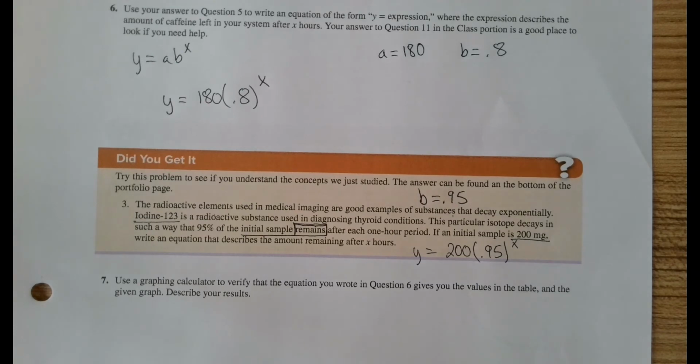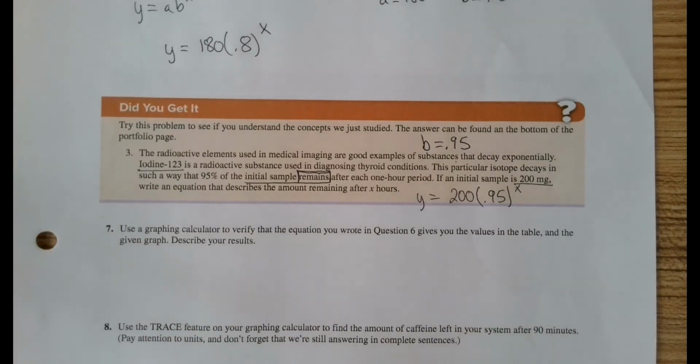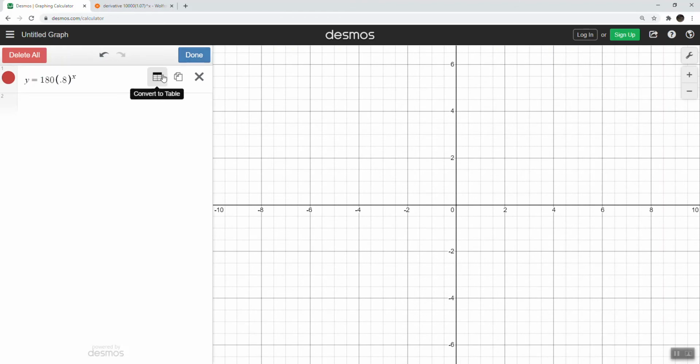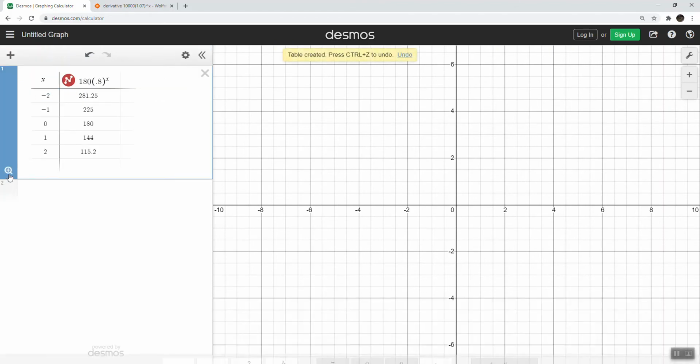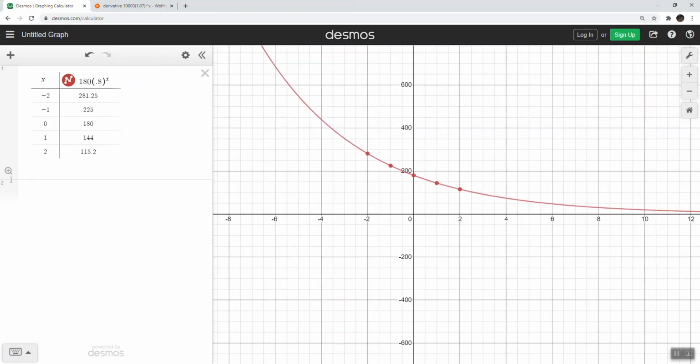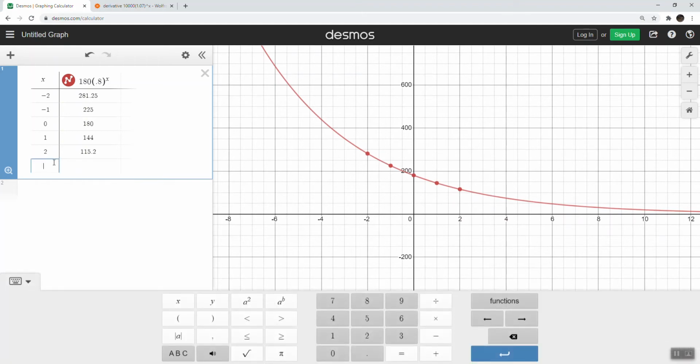Okay, let's go ahead and do what we've been asked here now in number 7. Let's recreate that table and the graph in Desmos. Recall that you just type it in, y equals 180 times 0.8 to the x. We'll click the gear here, click convert to table, and click the zoom fit so we can get a nice picture of it. And there it is. We don't have all of the values that are in the table, so we could add them in quite easily.